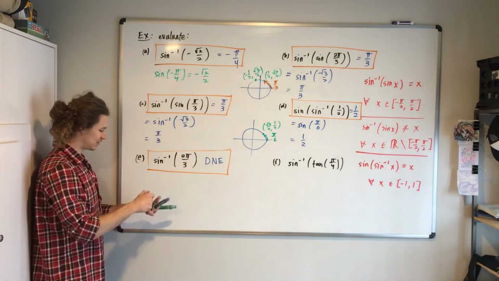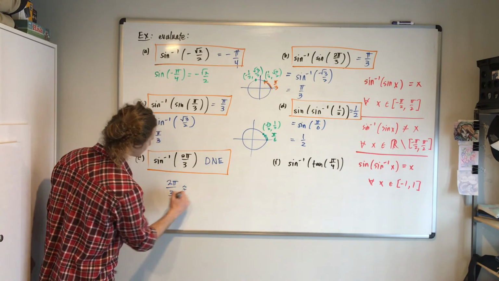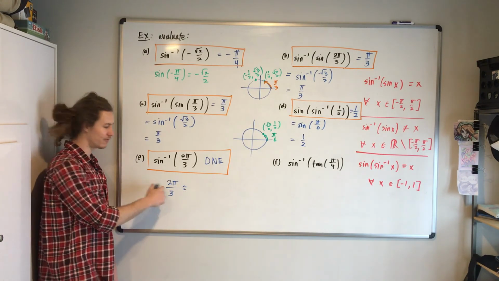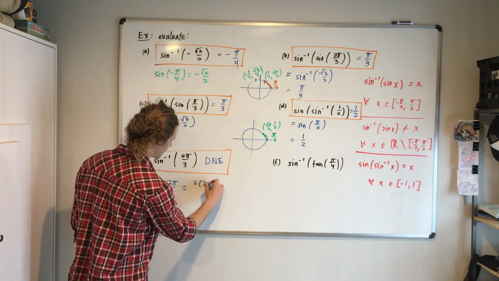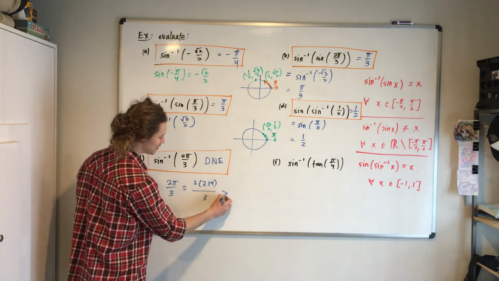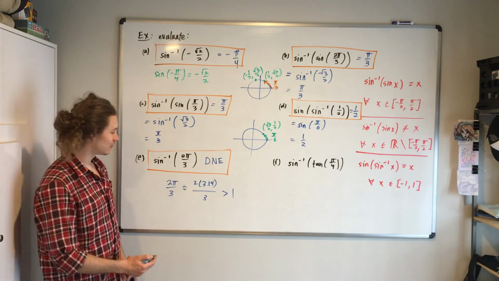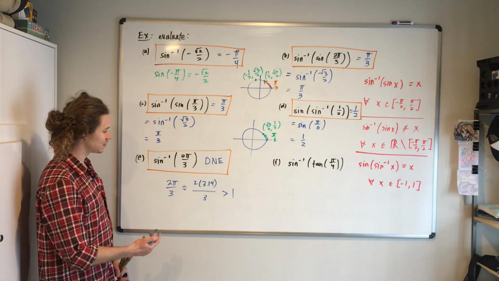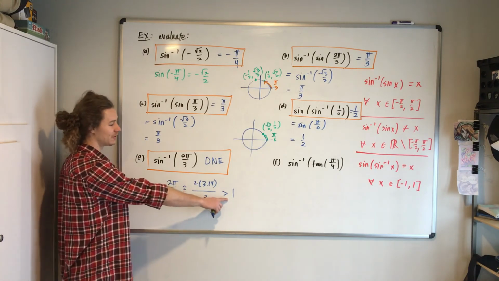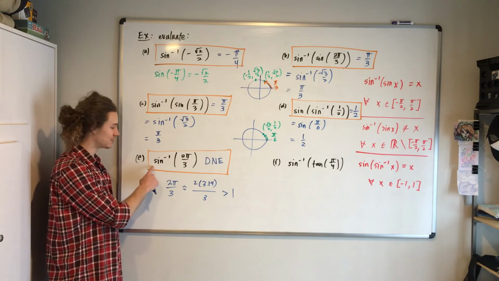Note that pi is about 3.14, right? So this is like about the value 2 times 3.14 divided by 3, which is definitely greater than 1 as well. Well, what's true about numbers greater than 1? They're outside the domain of inverse sine.